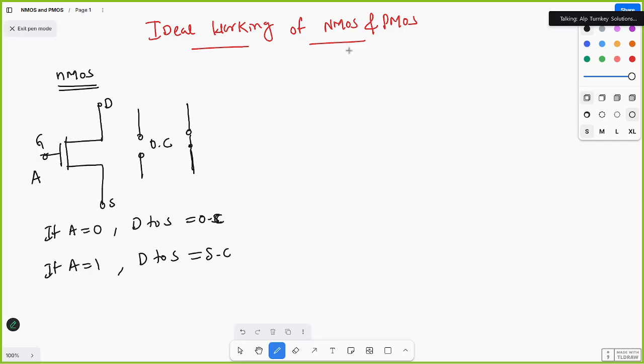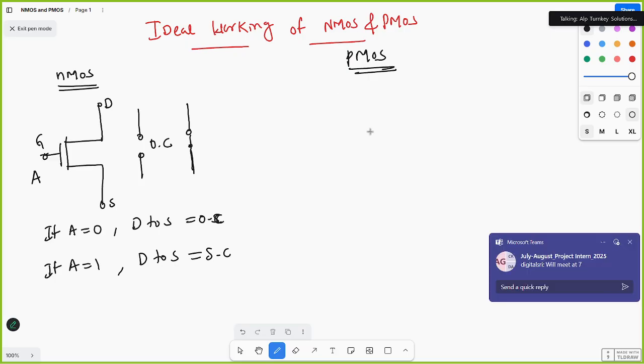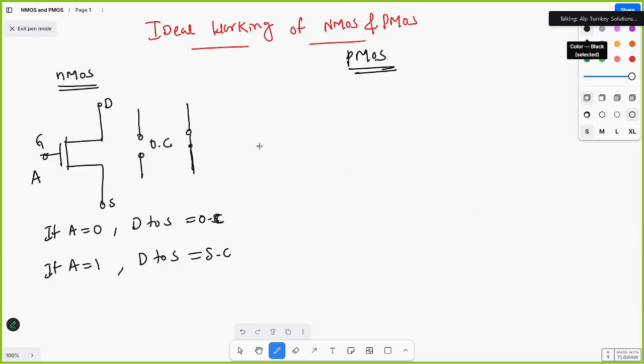Similarly, if you take PMOS, it is just the reverse of this. The current direction is from source to drain.